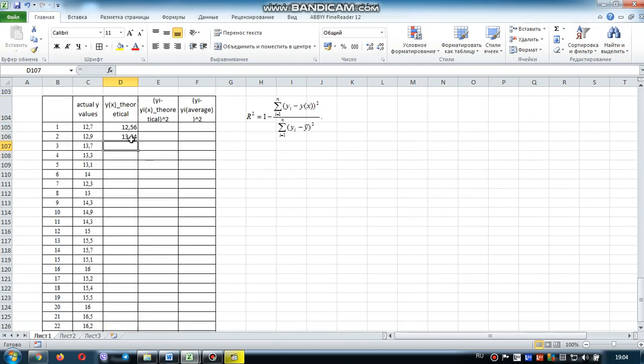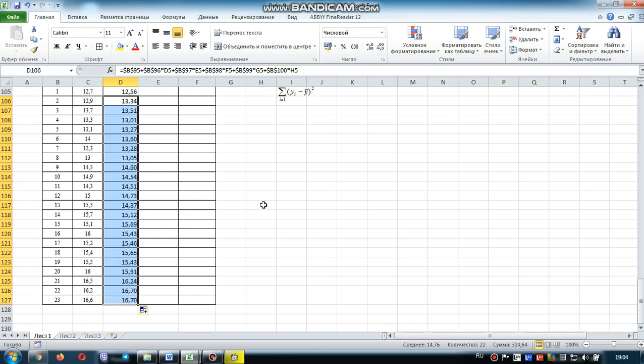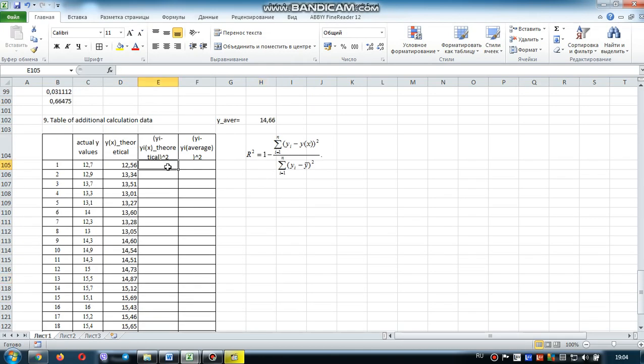So we can just copy this, just multiply this formula. Okay, and now we have to calculate the differences between y value and the theoretical y value, and to calculate the square of these differences.